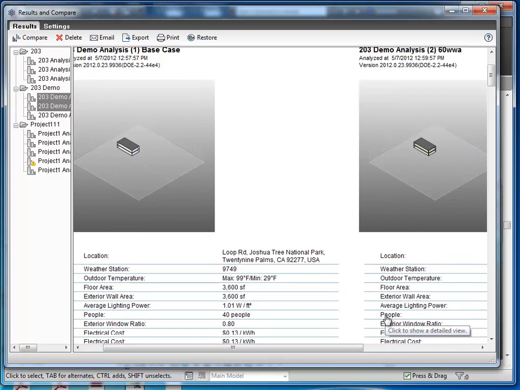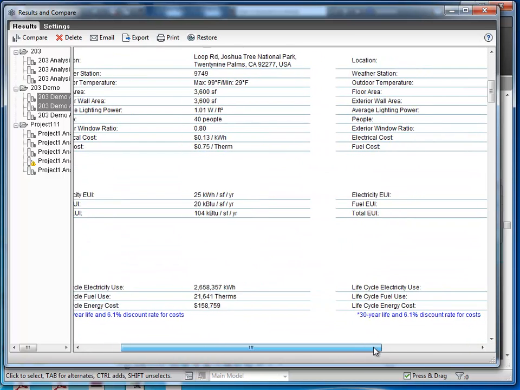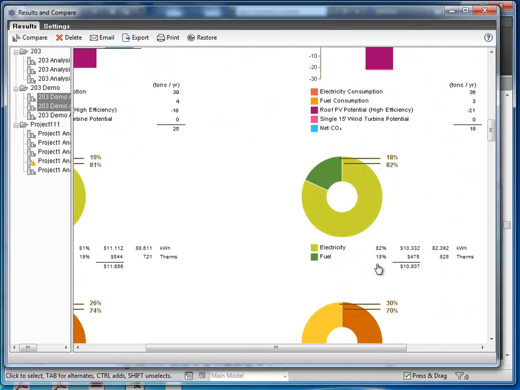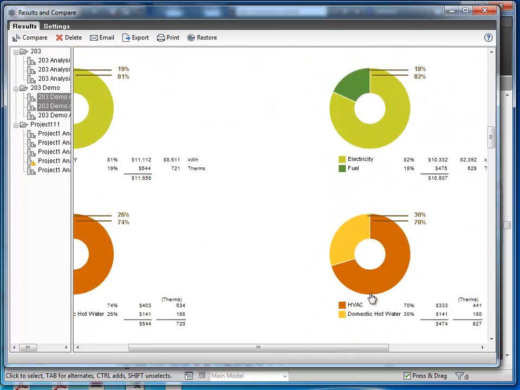So let's look at the 60 window wall area. The main thing I want to go to is the total EUI. That's really the first sign of whether or not it's better or worse. So in this case, when I switched it from 80% to 60%, you can see that the energy use dropped to 96 from 104. So it is an improvement, and you can calculate what the improvement was, like 10, 15% or whatever. And then you can look at the comparison graphs to see what the difference is.